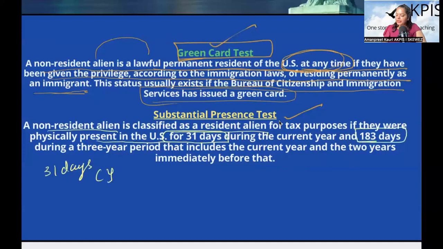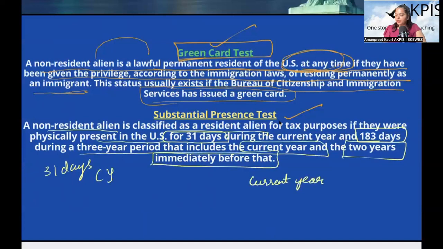And 183 days during a 3-year period that includes the current year and the 2 years immediately before that. So in the current year, you are in the United States of America for how many days? 31 days. But this is condition number 1.